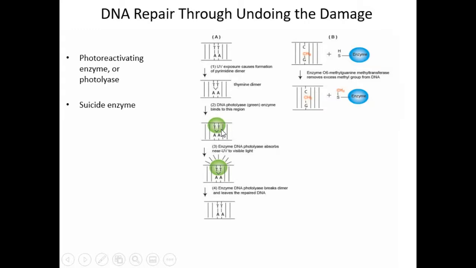Basically, the mechanism is called photoreactivation, because this is a light-induced enzymatic cleavage of the thymine dimer, so that you can cleave the dimer and yield thymine monomers. It requires the presence of light, so that's why it's called a light reaction.